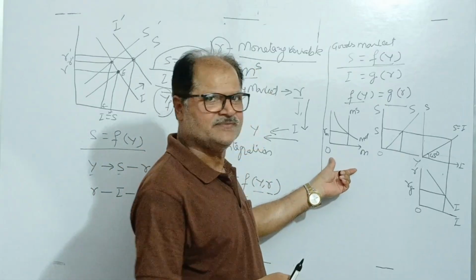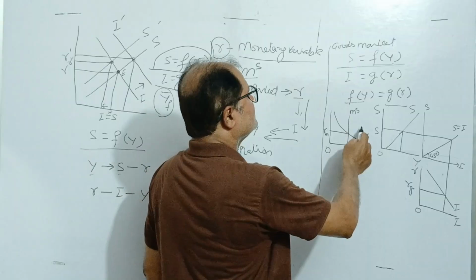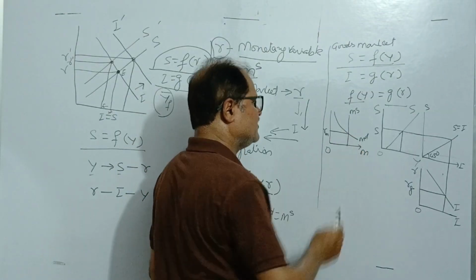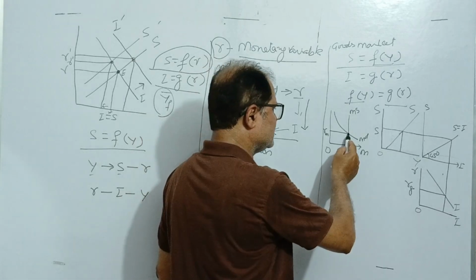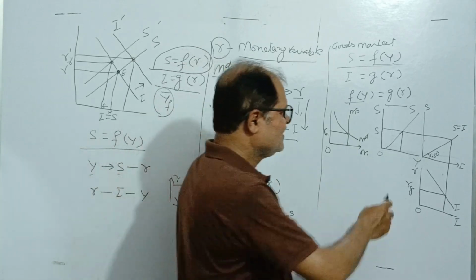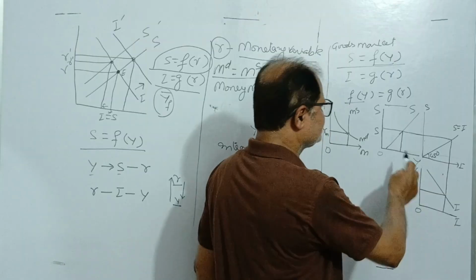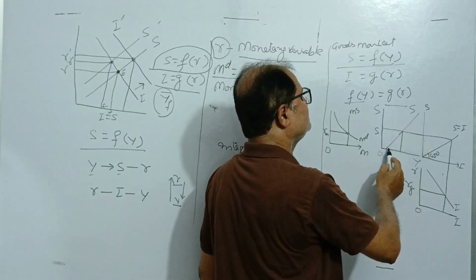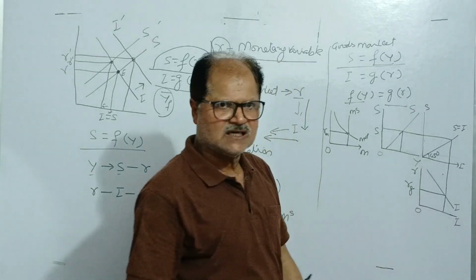See in this graph, this is supply of money which is fixed, this is demand for money curve, and this is the equilibrium rate of interest in money market. In goods market, this is saving curve, this is income, this is saving curve, which is an increasing function of income.